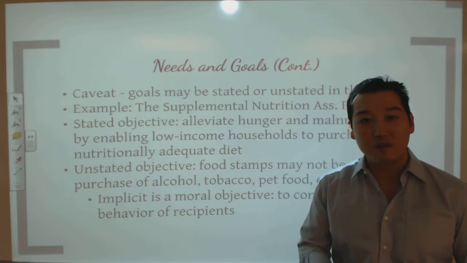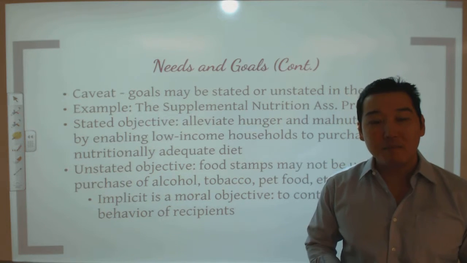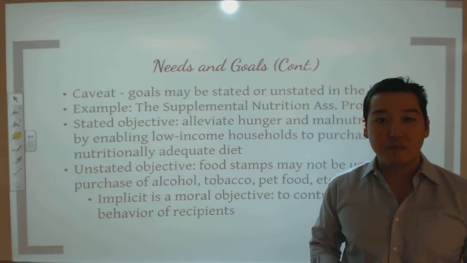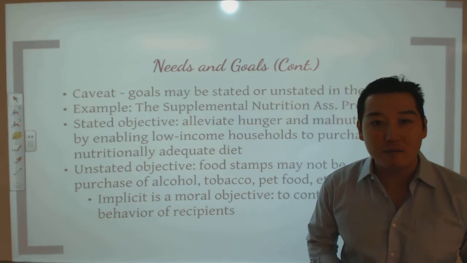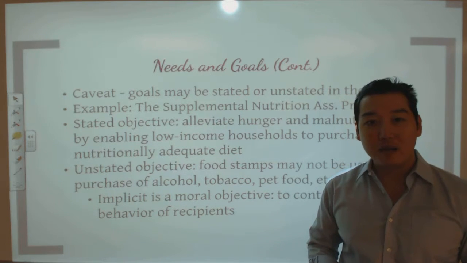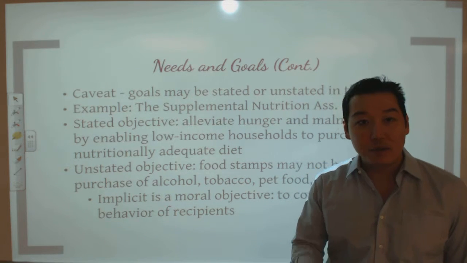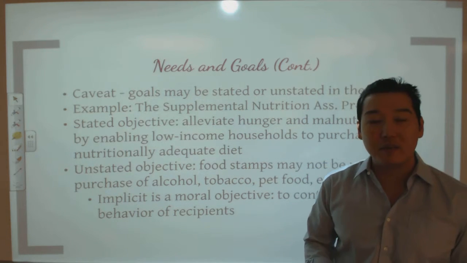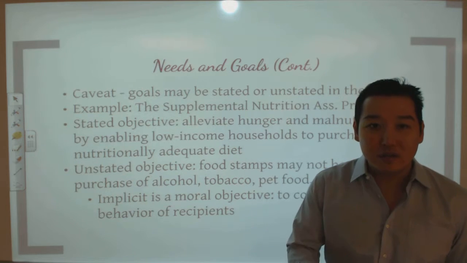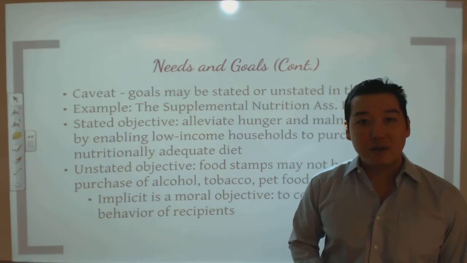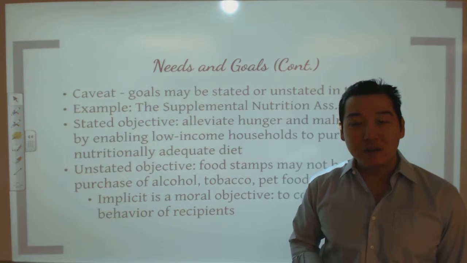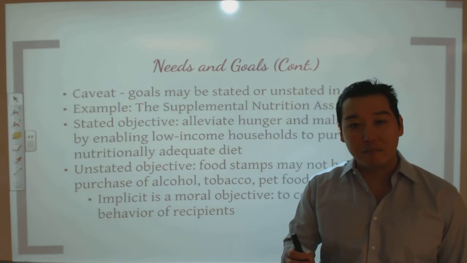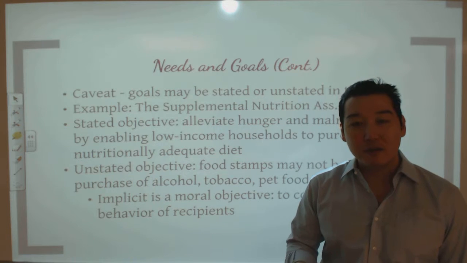So this is an argument that you'll make about some implicit objectives behind your program. So I'm thinking about nutrition assistance programs, and namely the food stamp program or supplemental nutrition assistance program, more formally stated. So certainly the stated objective or the explicit objective is to provide nutrition assistance to alleviate hunger and such. But some may argue that there are unstated objectives written into that someone may infer some unstated objectives from the legislation.